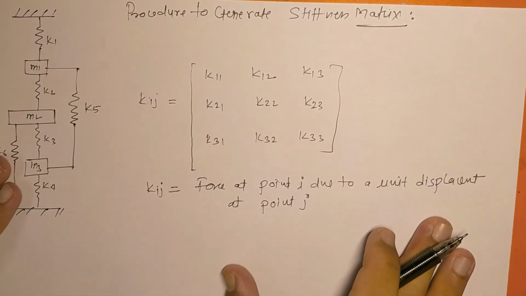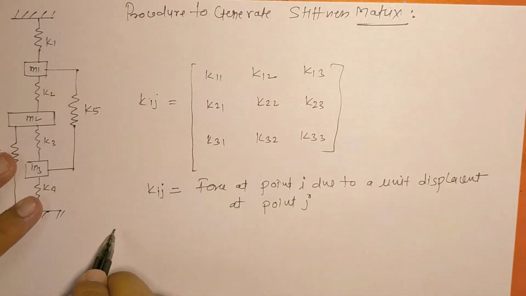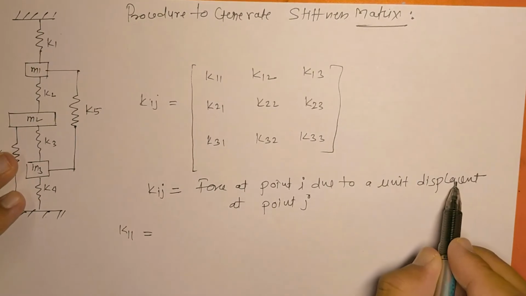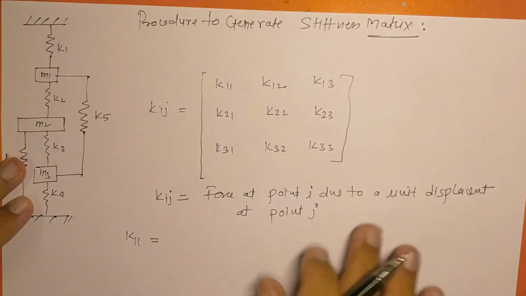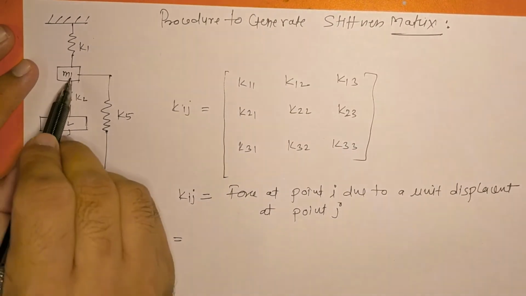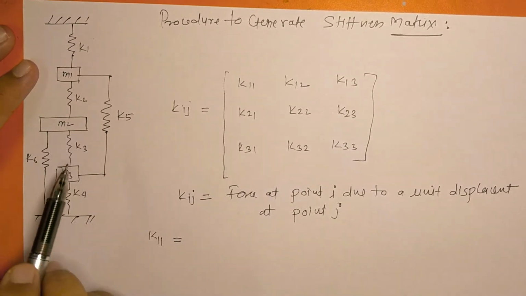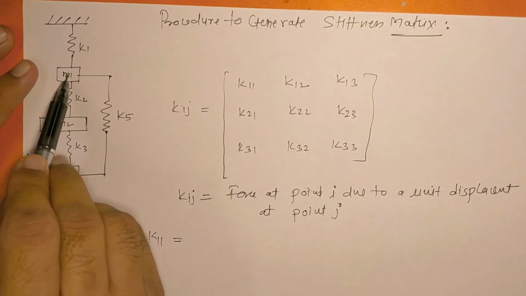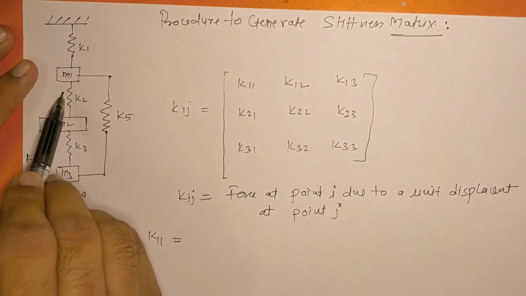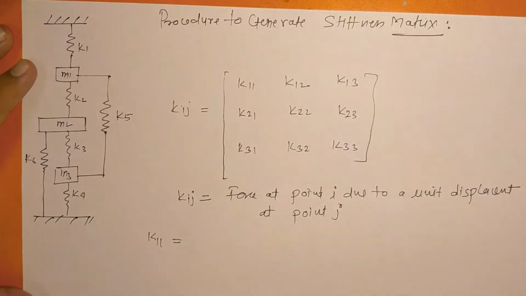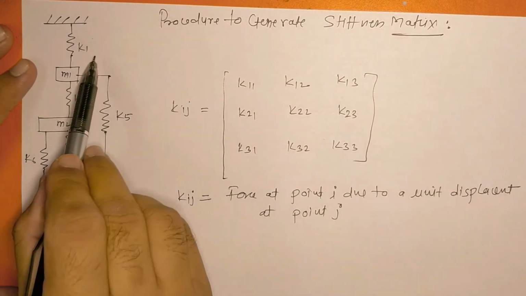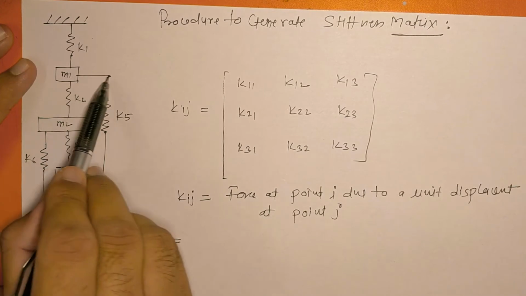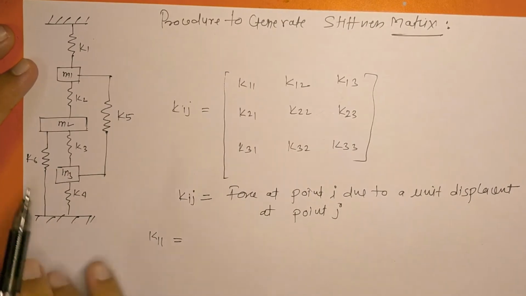So now let us find out K11. K11 means force at point 1 due to unit displacement at point 1. Point 1 means this one. If we displace mass m1 with unit displacement in this direction, this mass is connected with the help of three springs K1, K2 and K5. While we are displacing this mass, all the other masses are fixed.